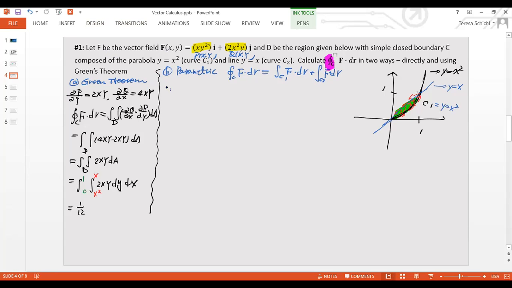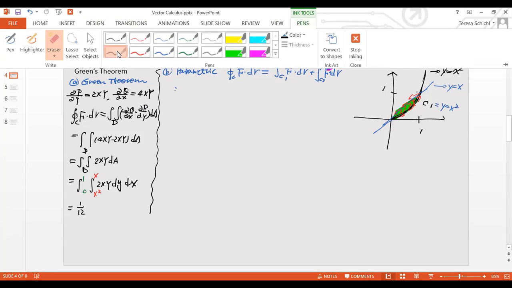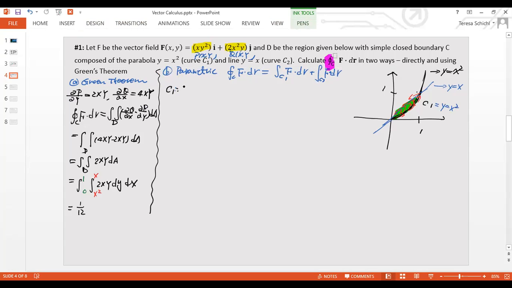Let's parametrize C1. If I let x equal t, then y will be t squared, and t is from 0 to 1.